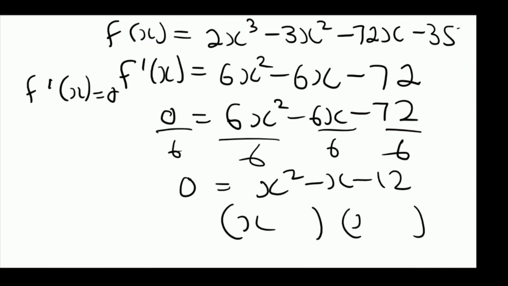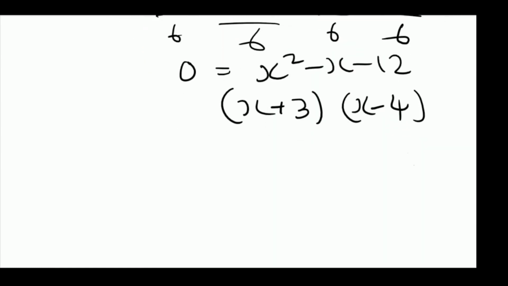We have x and x there. We can't use 6 and 2 because the middle term is 1. So we're going to use 4 and 3, right? So it's going to be minus 4 and plus 3 there. And then x will be equal to minus 3, or x being equal to 4. So we have the x values of the turning points.